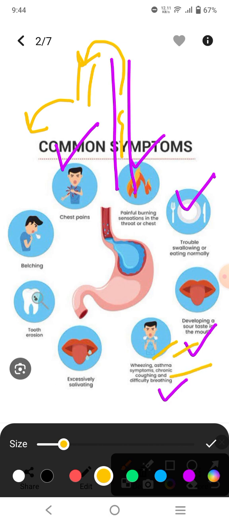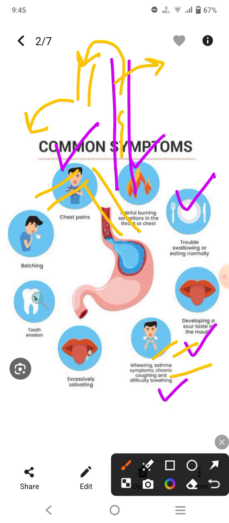Wheezing and asthma will occur when aspiration occurs into the lower bronchi, the major bronchus, etc. But if it is just limited to the larynx, then there will be hoarseness of the voice, cough, difficulty in breathing, etc. It is also a complication. Just mention it in the complications.